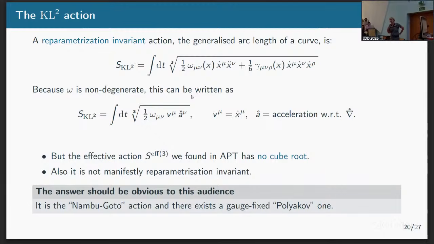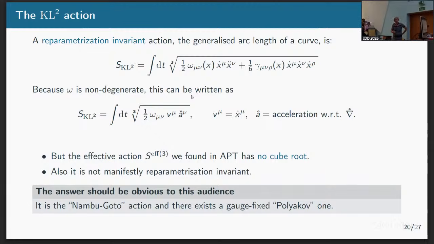So Kawaguchi geometry in our sense, KL2 action, has a cubic root because this is what makes this reparametrization invariant. You have dt and then you have a 3-time derivative here, you need the cubic root. And for omega non-degenerate, you basically can write it like this. You can invert omega here and define acceleration with omega inverse gamma to get this system.